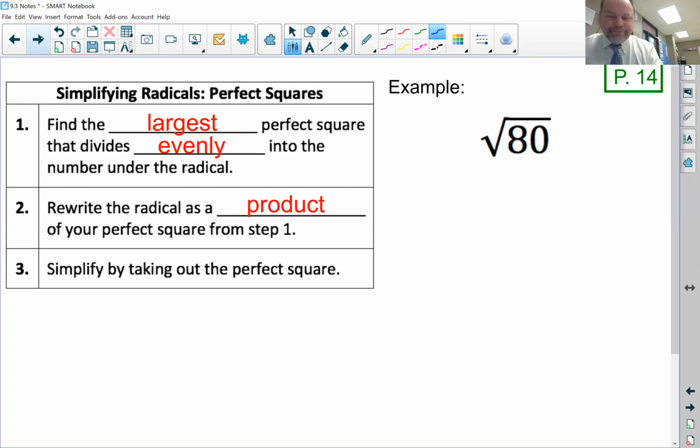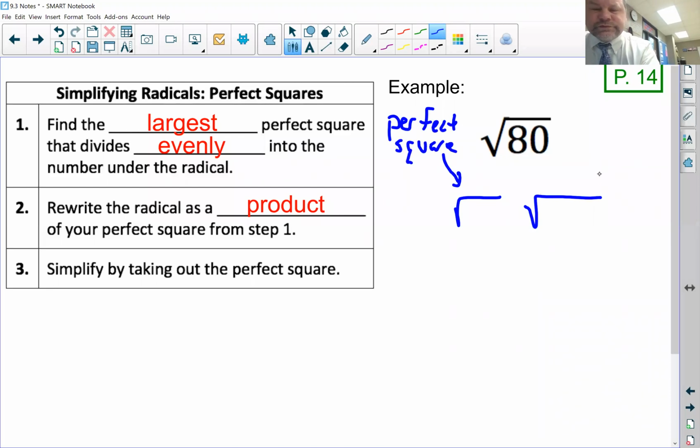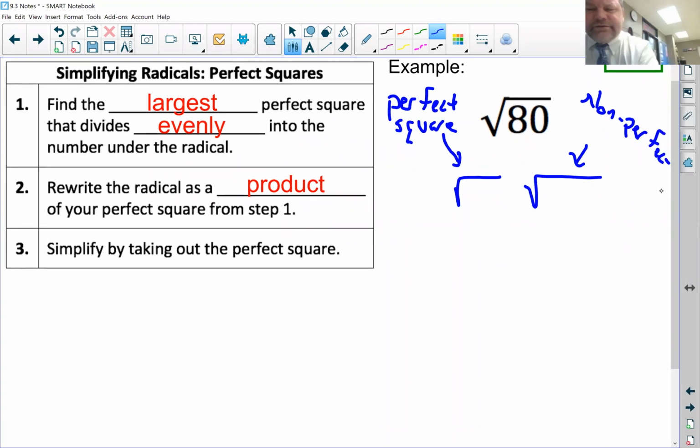What I like to do is take my square root and break it into 2. Underneath my first square root, I write my perfect square. Underneath my second square root, I write anything left that's a non-perfect square.